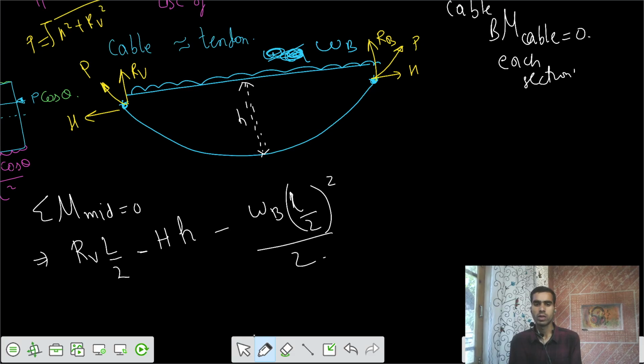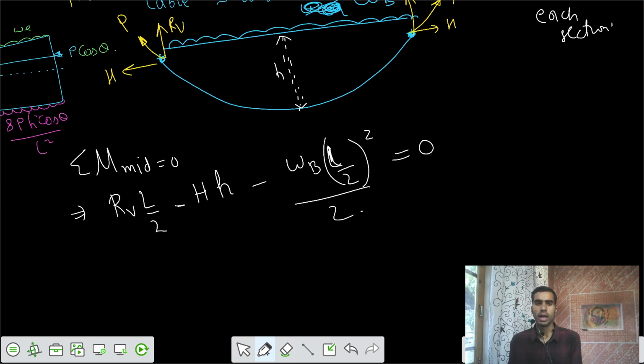So this is the effect of the UDL, and this should be equal to zero because the bending moment at midspan equals zero. Can you tell me what is the value of reaction V? Is this equal to WL by 2? I think it is equal to WL by 2.